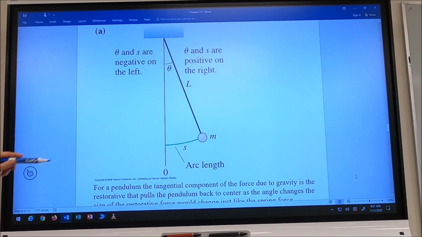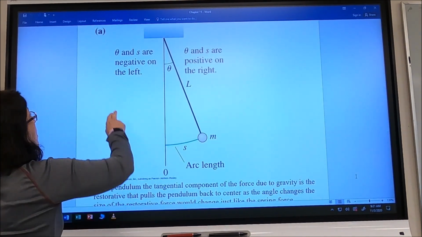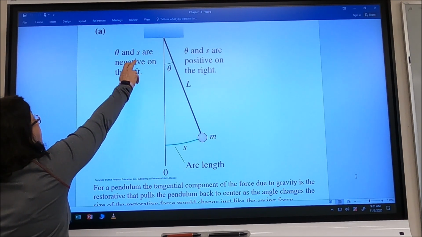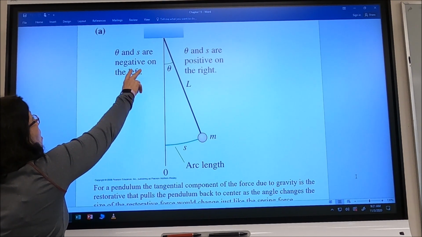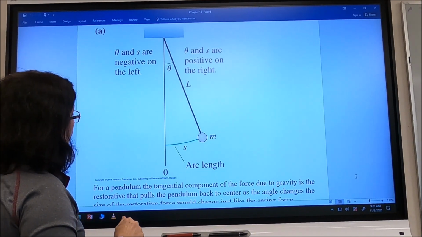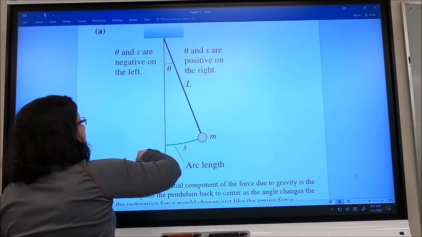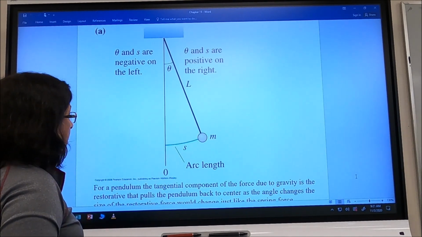Now, when we look at a pendulum and it's swinging, theta and S are negative on the left, they're positive on the right. We've got an arc length S here. And we think about this guy swinging.